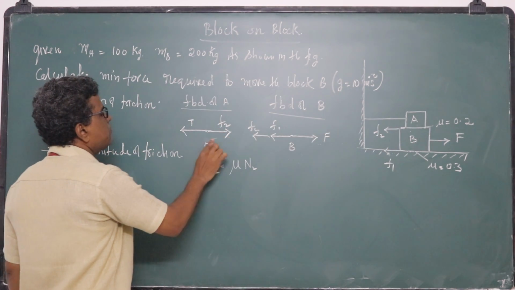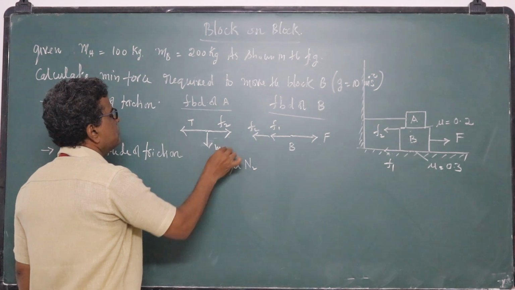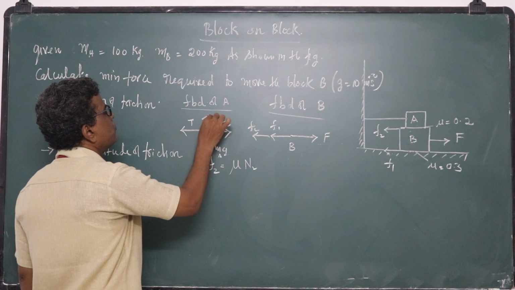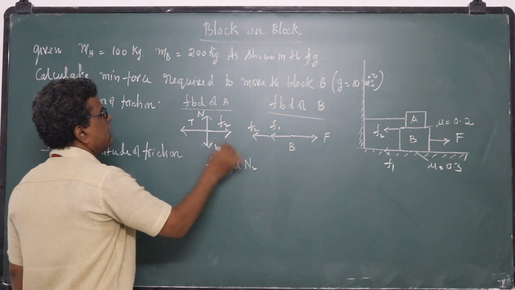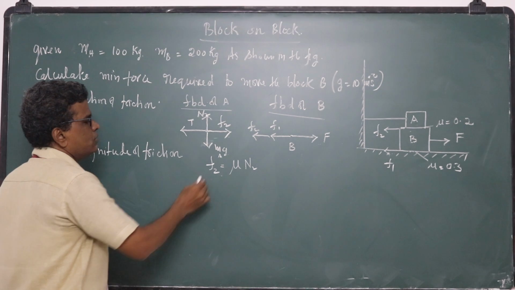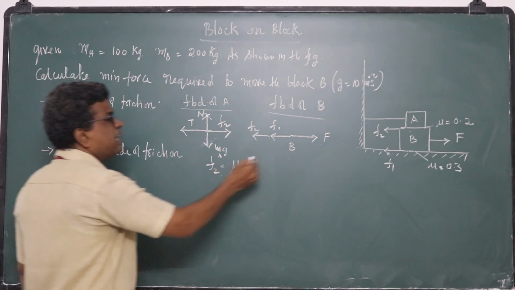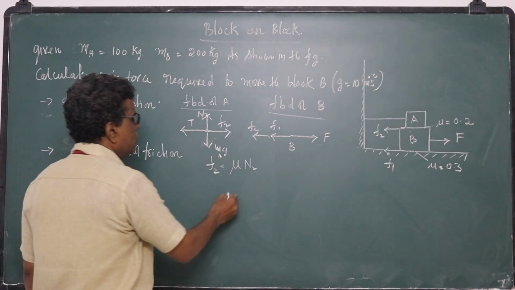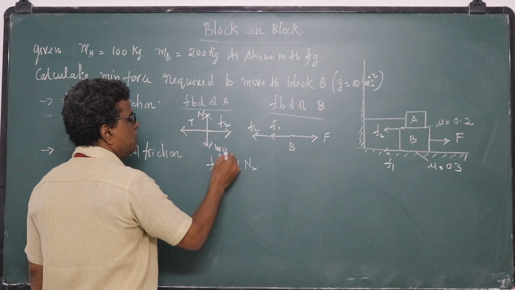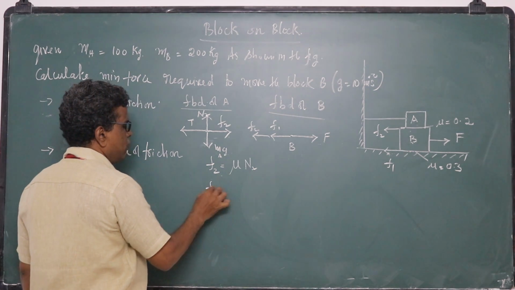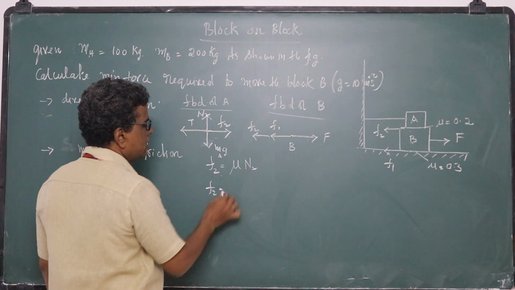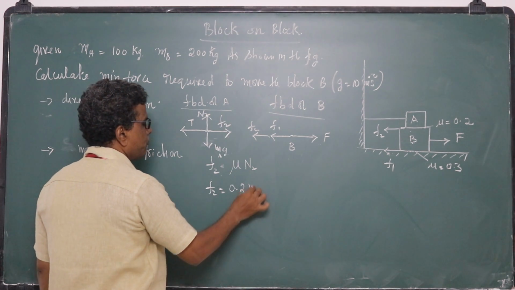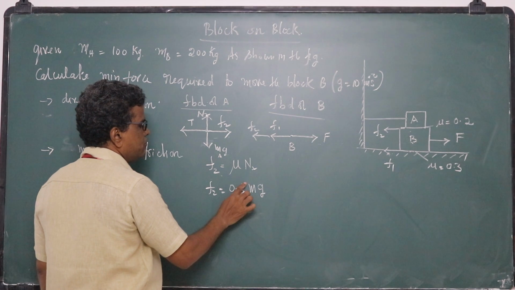The weight of block A, mg, acts down, and in turn block B exerts a normal reaction N2 on A. So N2 is m_A g. So the frictional force F2 is mu into N2. What is the mu value? 0.2. What is N2? mg.